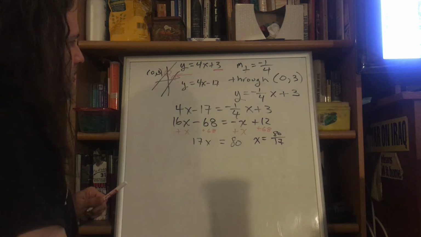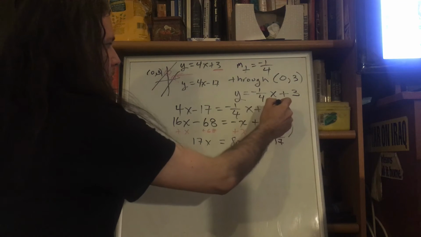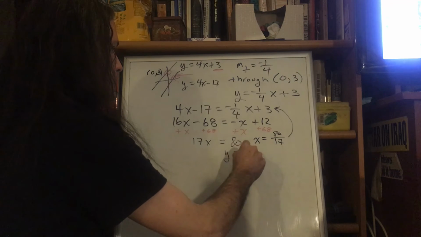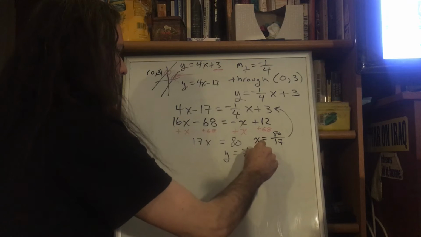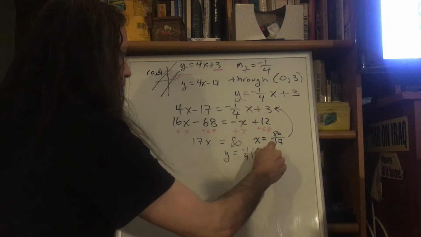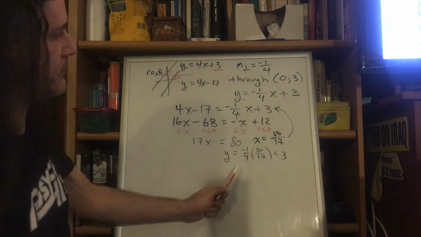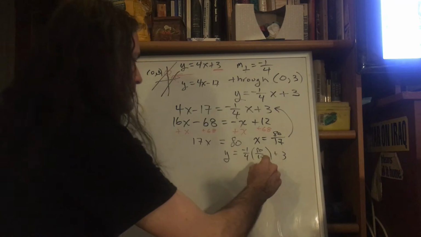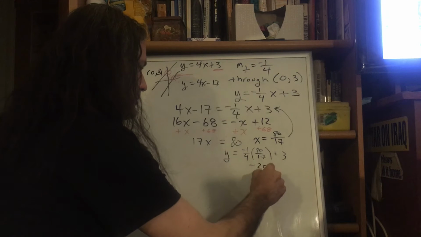Alright, now I'm going to leave it as a fraction. I'm going to put it into this one to find the y. So y equals negative 1/4 times 80 over 17 plus 3. And I'm doing that because notice the 4 can be simplified with the 80, so this becomes negative 20 over 17.